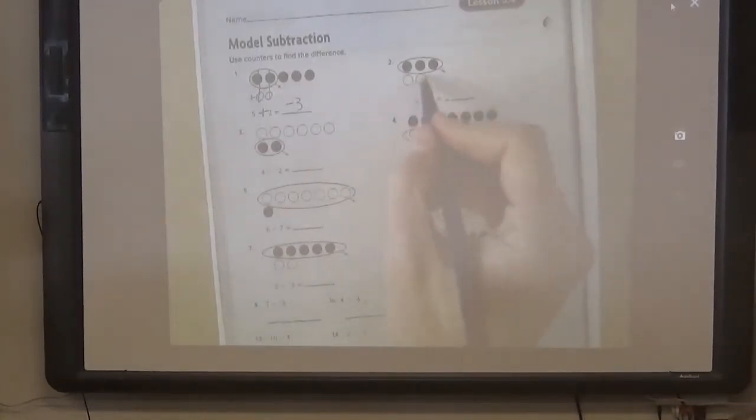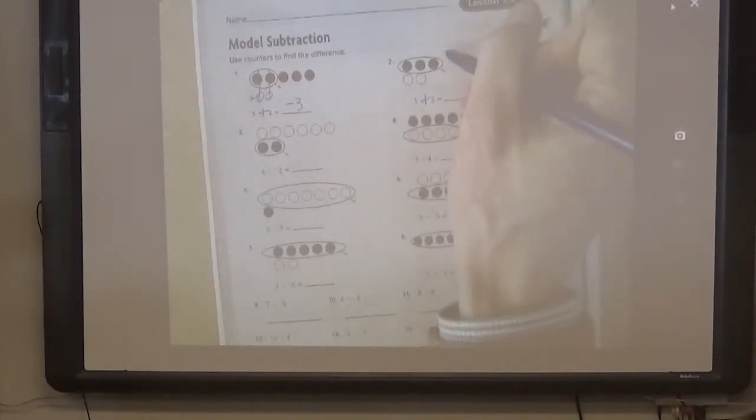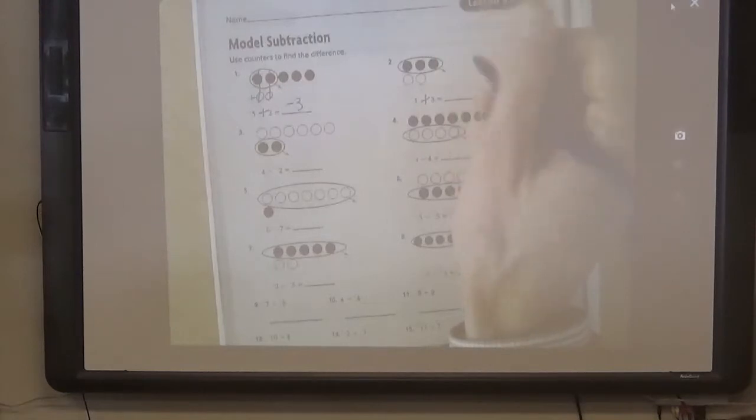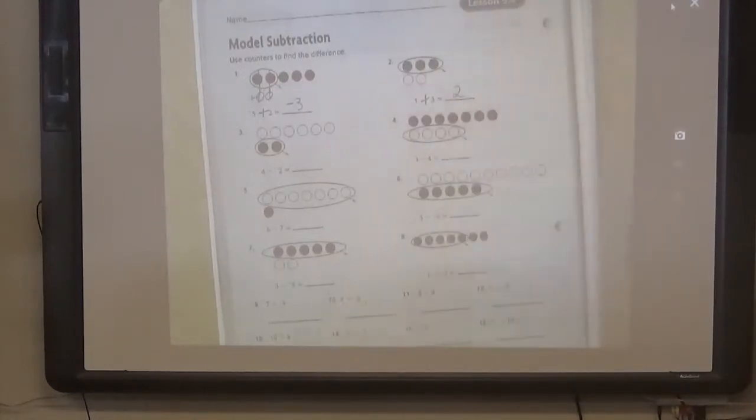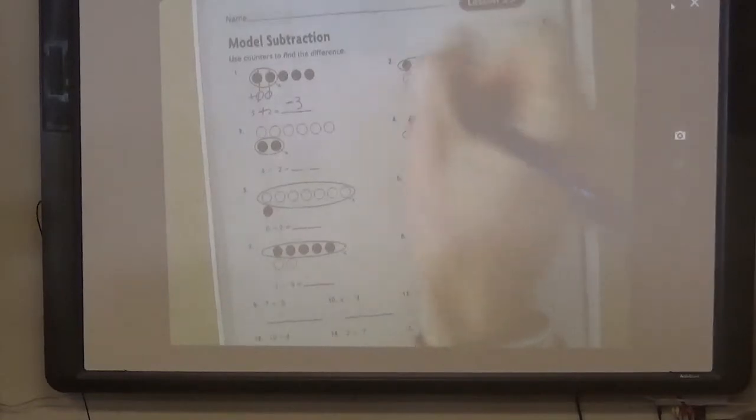I don't know why there's positive 2. I think this cancels them out and there's one left. But that's not the answer. Yes, it's the right answer, negative 1. I don't know where negative 1 fits that model. So that model doesn't make much sense.